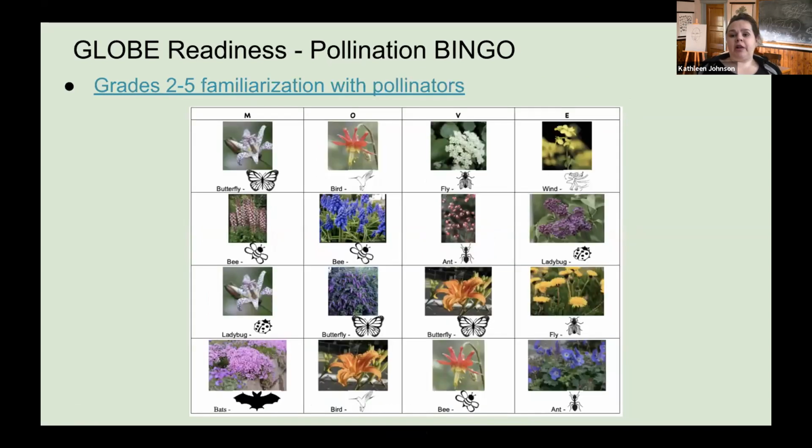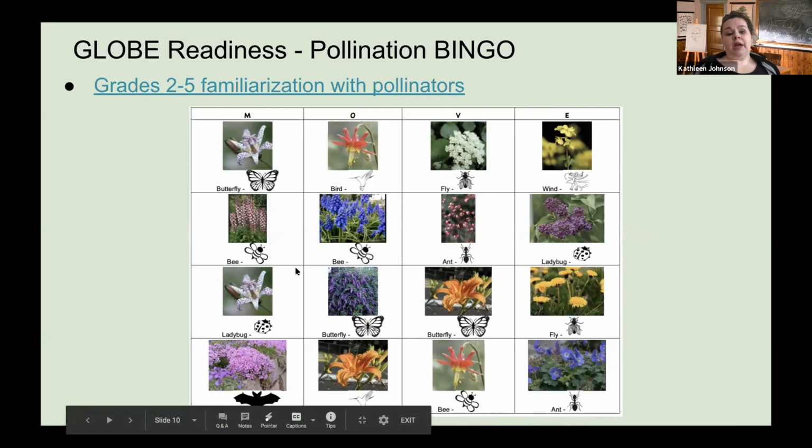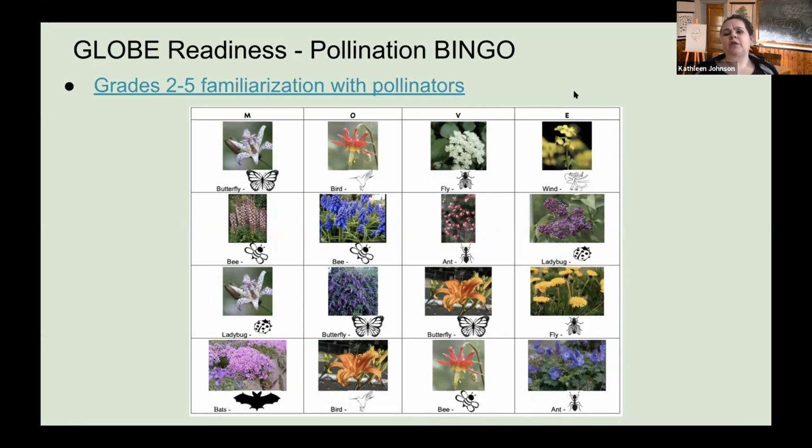We also have pollination bingo for common pollinators in the garden, including some things that young students don't always think of as pollinators, like flies and wind and even ants and bats being pollinators. So students can become a little more familiar with what we're talking about when we say pollinators.